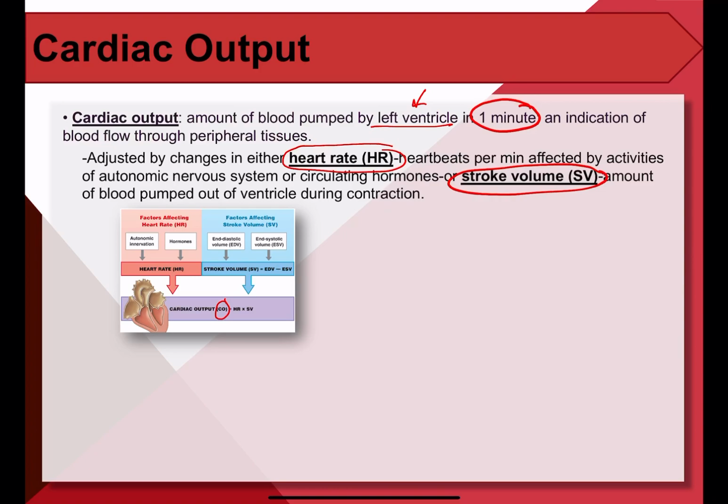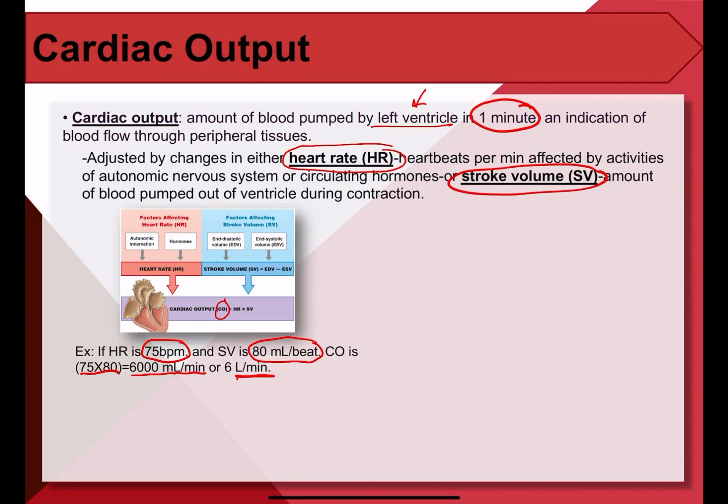For example, if the heart rate is 75 beats per minute, most average people's heart rate, and the stroke volume is measured to be 80 mL per beat, which was that average stroke volume we talked about, then the cardiac output would be 75 times 80, which is equivalent to 6,000 mL per minute, or if we round that to liters per minute, 6 liters per minute.